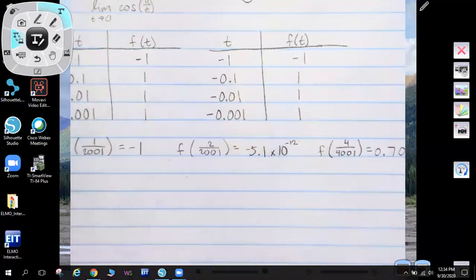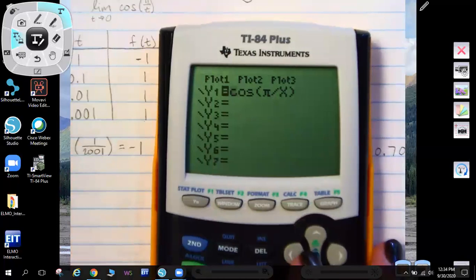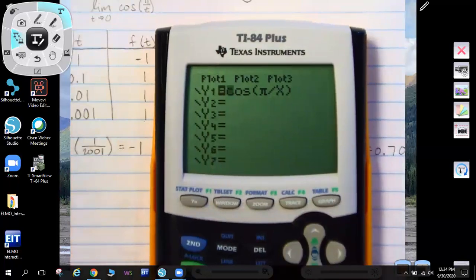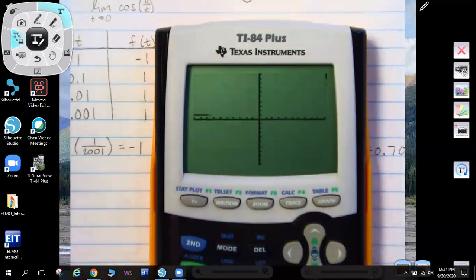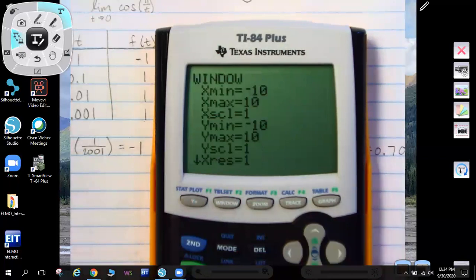If you want to look at it on your calculator, here's how you can put it in. You go to y equals, you put in cosine of pi over x. When we graph, it looks like there's something funny happening around where x equals 0. So I'm going to change my window. I want to look at -2 to 2, -1 to 1.2.